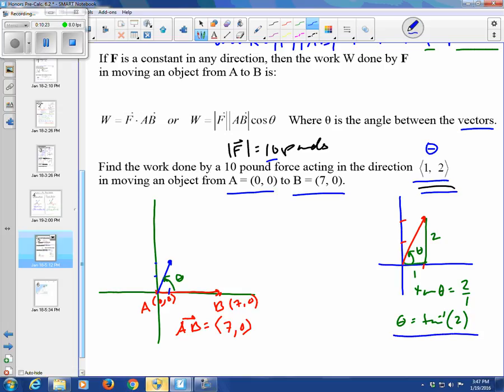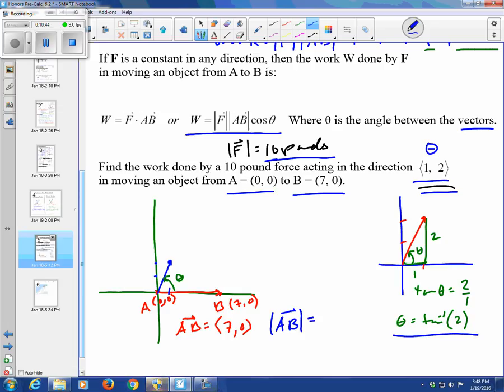If we're looking at the easiest way to determine the work done between our two equations, it looks like we're closest to this equation right here. We've already got the magnitude of our force as 10 pounds. The magnitude of our distance vector AB isn't going to be too tough to determine.